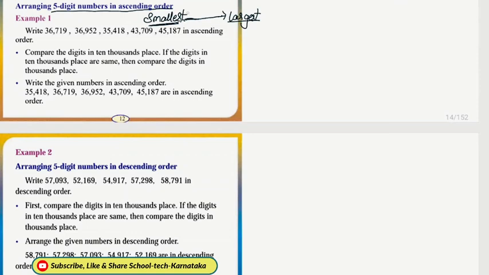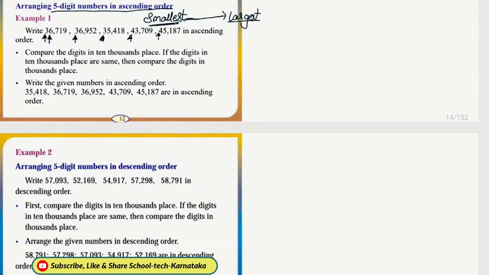How do we find the smallest number first? We compare the digits at the 10,000s place. So here we have 3, here we have 3, here we have 3, here we have 4 and here we have 4. Since 3 is less than 4, we need to compare these 3 numbers first. At the 10,000s place, 3 is the same in all the given 3 numbers, so we move to the thousands place.